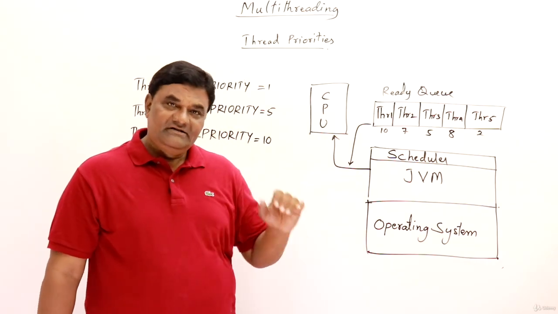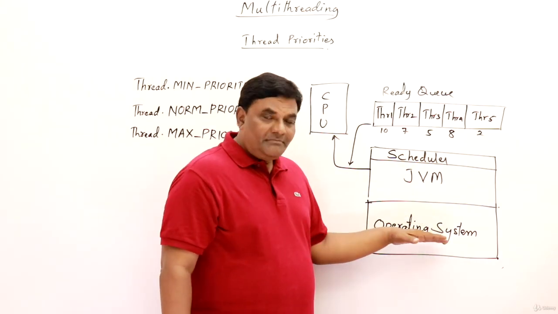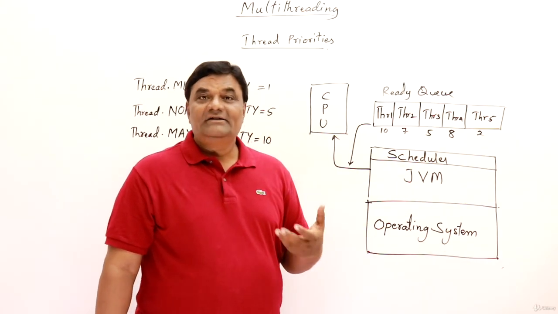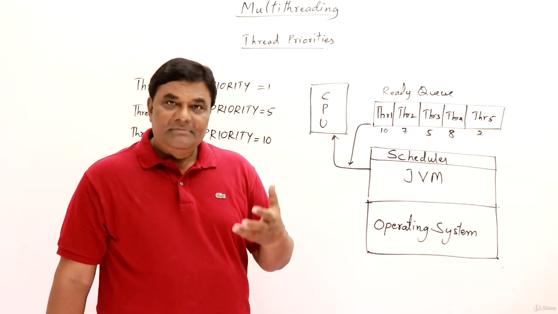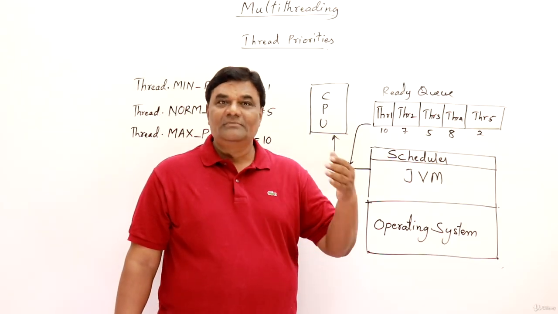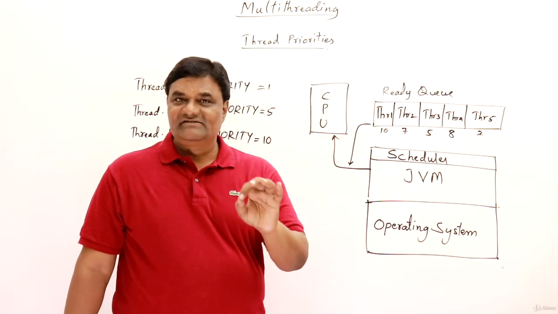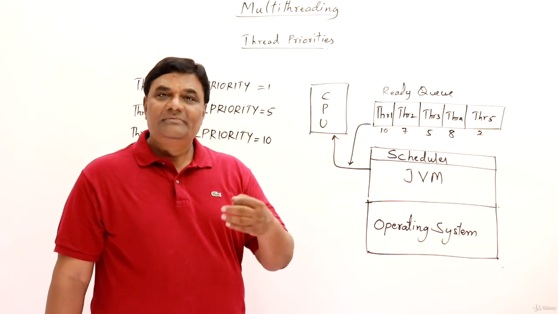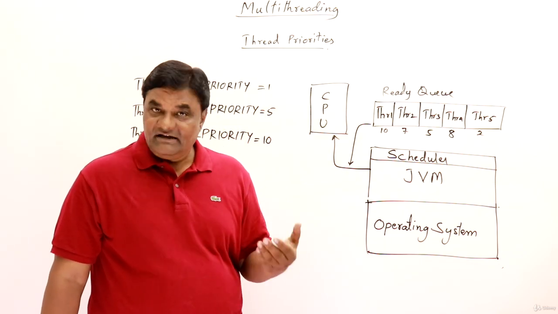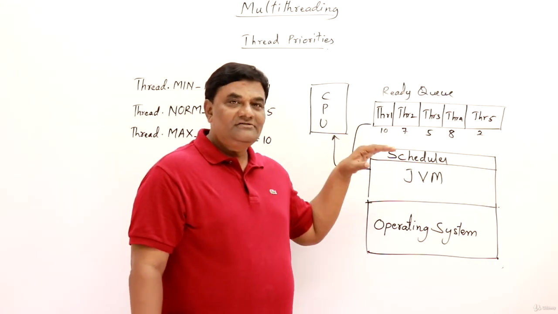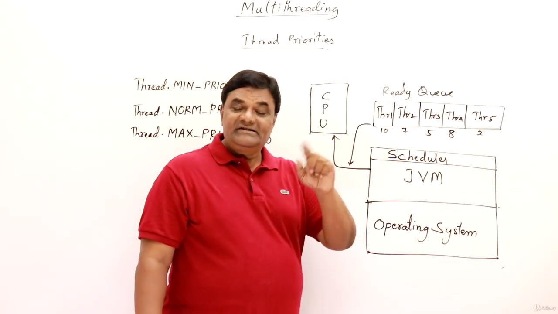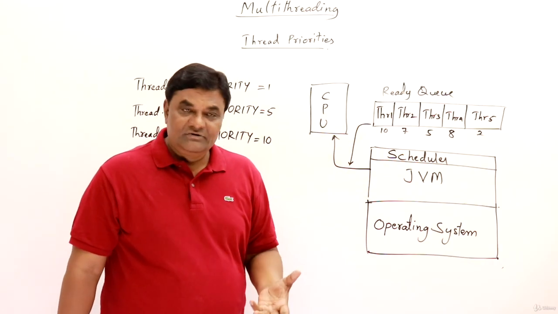Now the last point in this topic is that the multi-threading feature is provided by operating systems. But here Java has its own multi-threading environment. It may take the help of the operating system also, but even if the operating system doesn't have that environment, the JVM will take care of it. So basically, who has its own scheduler?